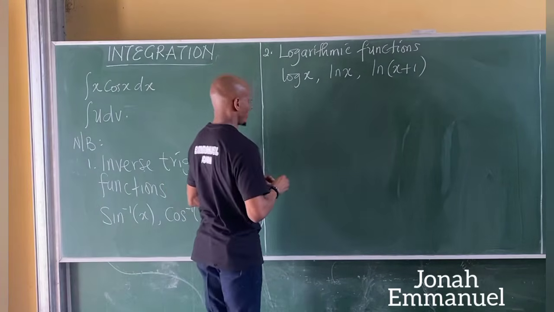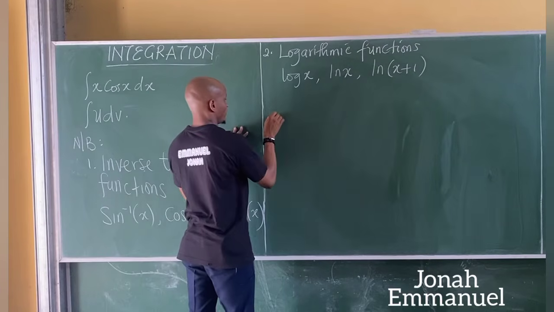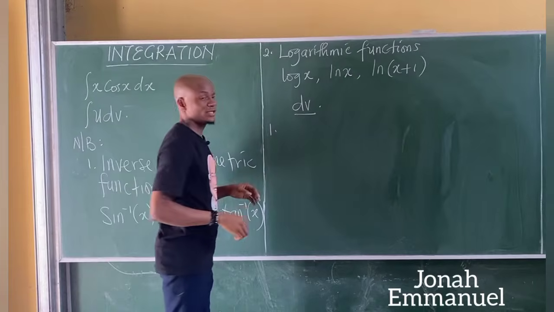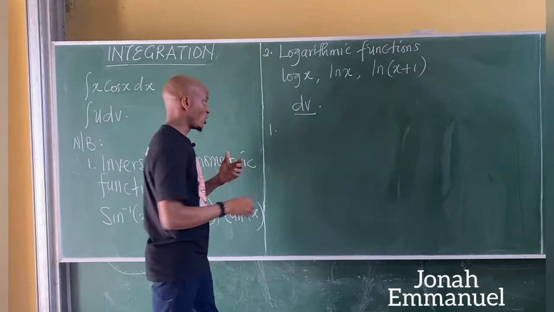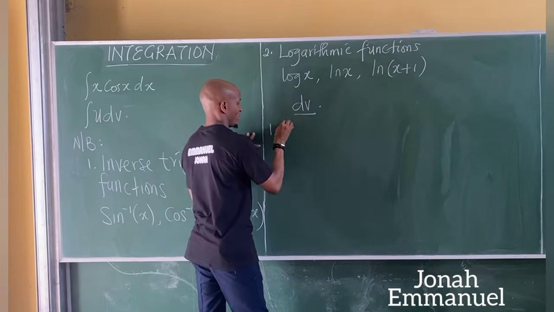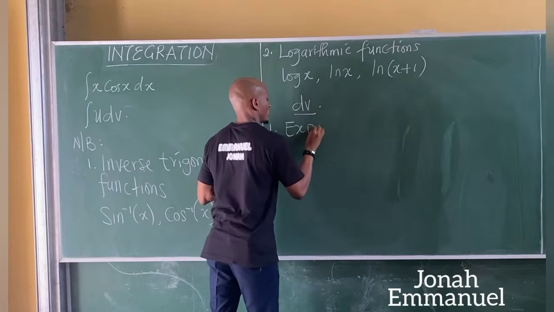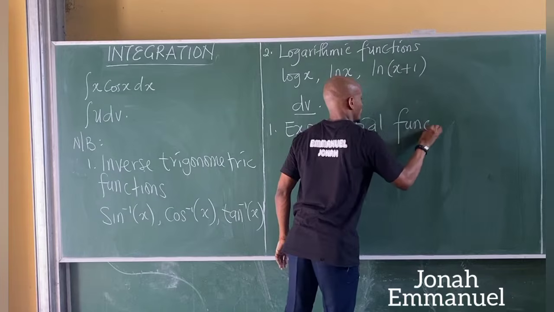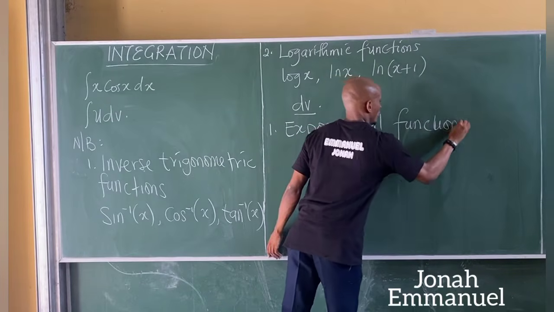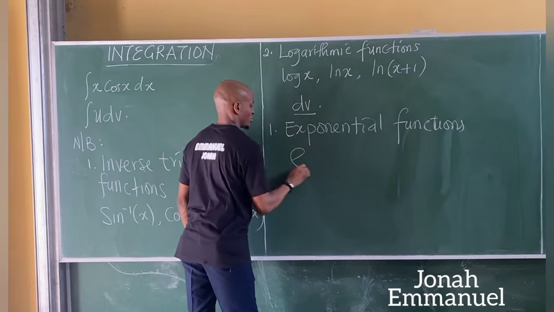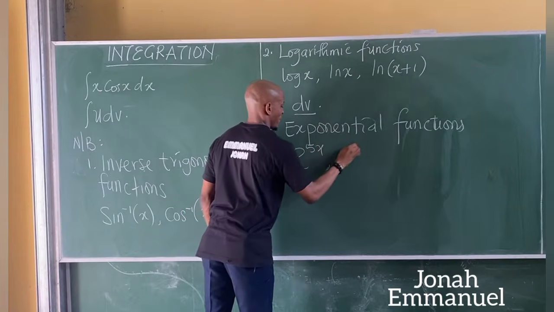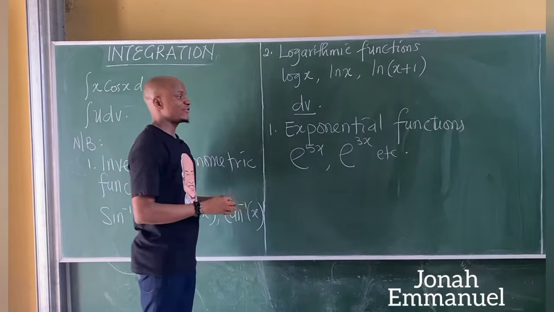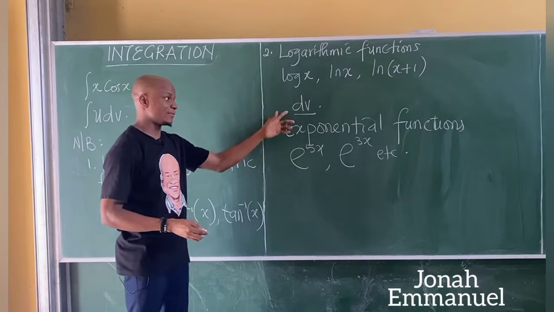Also, when it comes to the kind of functions we take as the v, usually number 1, we usually take exponential functions, such as, let's say, exponential 5x, or perhaps exponential 3x, etc. So exponential functions are usually taken as the v.